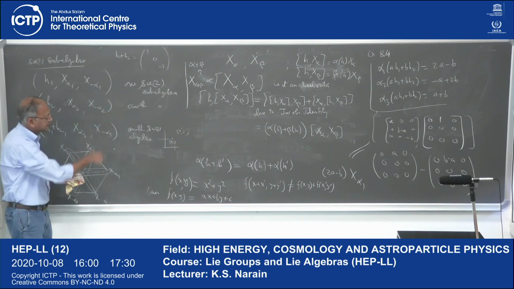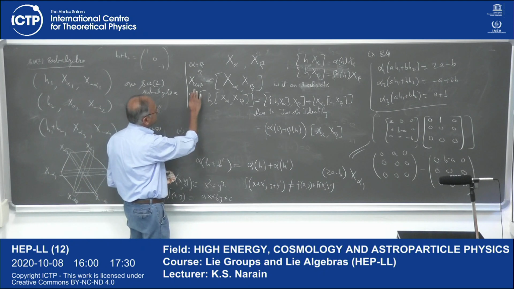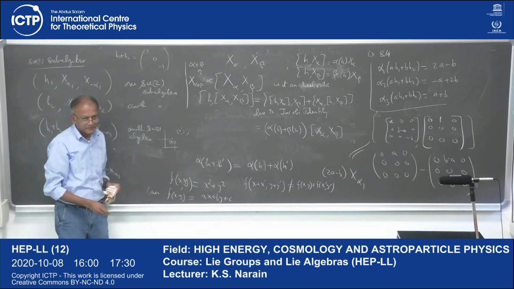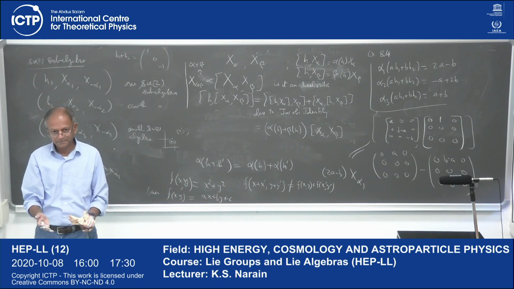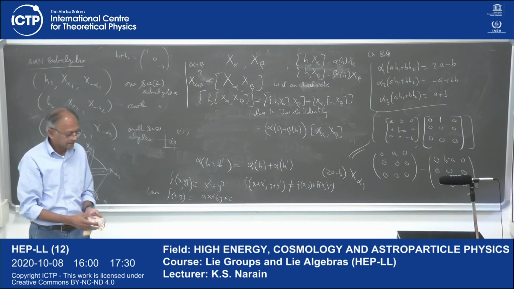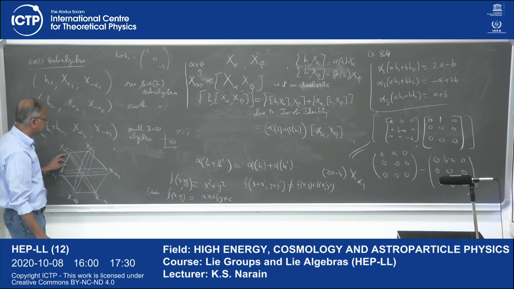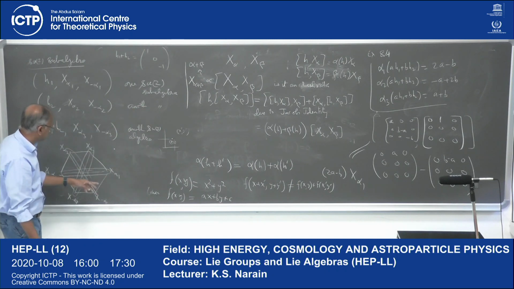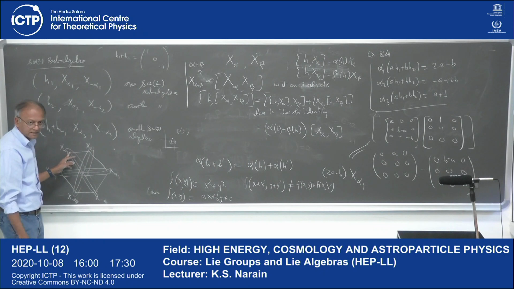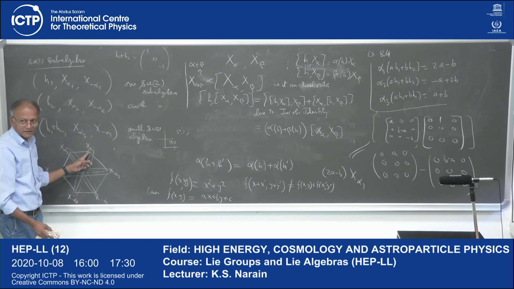This argument says only that it is proportional, and that proportionality constant could be 0, so you have to check explicitly, knowing what x alpha 1 and x alpha 2 are. Those are just E12 and E23. Just take the commutator and you'll see that you get E13 with a non-zero coefficient.